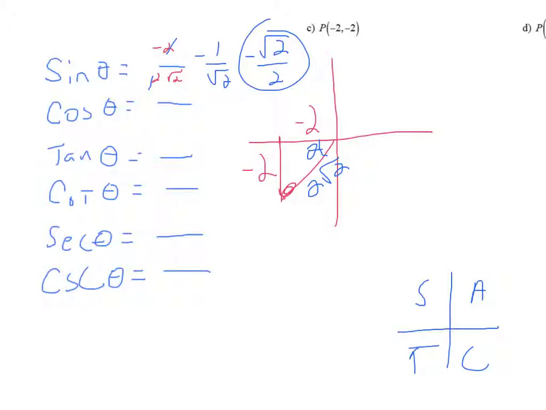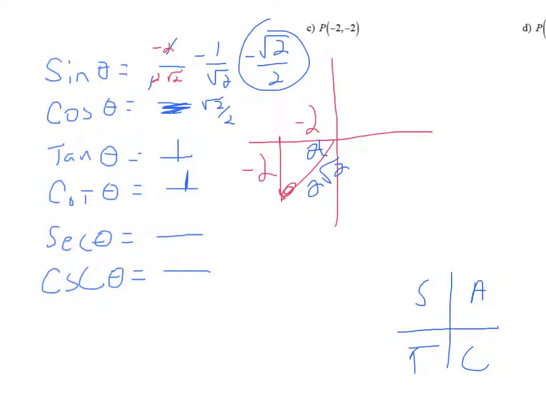And the cosine will be the exact same number, negative root 2 over 2, because it's isosceles. Tangent happens to be positive 1, because negative 2 divided by negative 2 is 1. And notice that corresponds with the tangent being positive down here in quadrant 3. And because cotangent is the reciprocal, that's also positive.